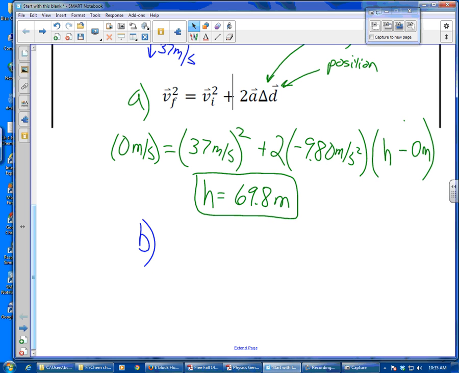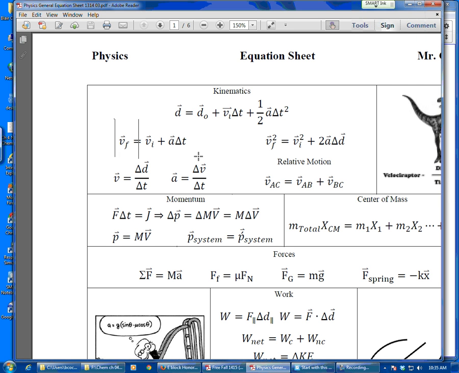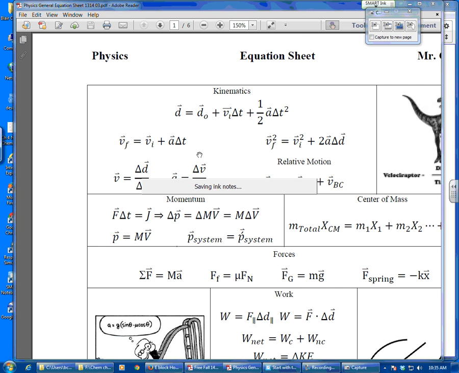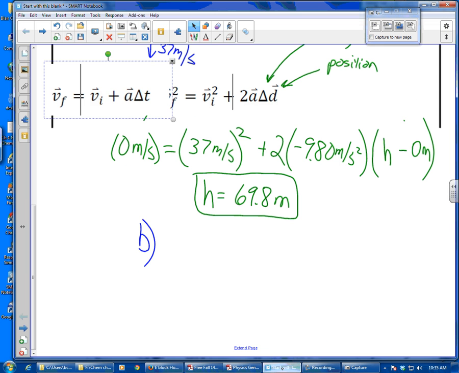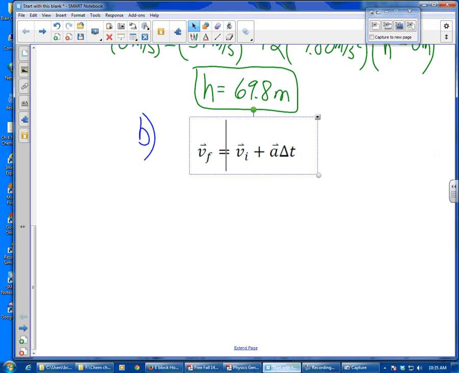So I know that it starts up at 37 meters per second, it's accelerating the whole time, and it ends up stopping. The equation that I'm going to use is this one here, because that talks about my velocity changing. I end up going this fast because I was going this fast and I accelerated for a certain amount of time.